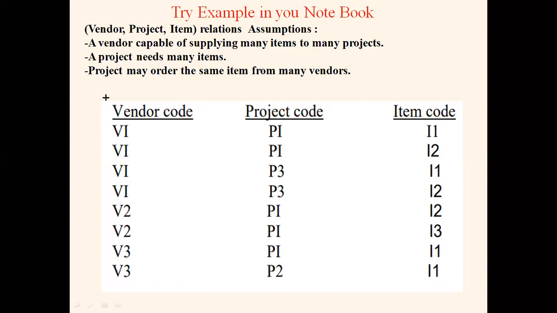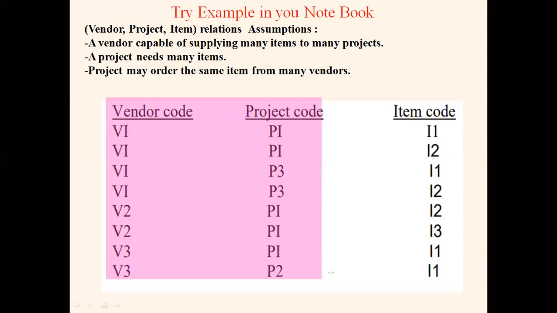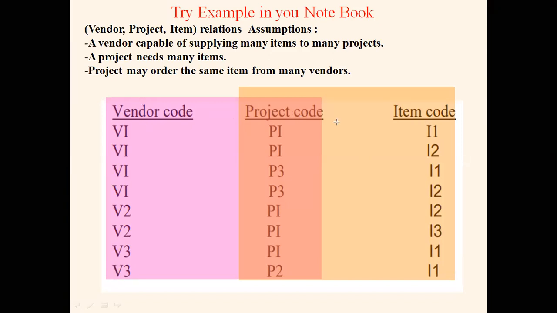Vendor code and project code in one table, and in the other, project code and item code. So we have these two tables. Do we have any repeating values?